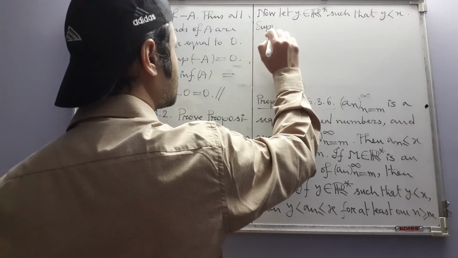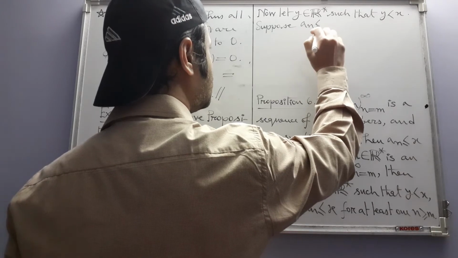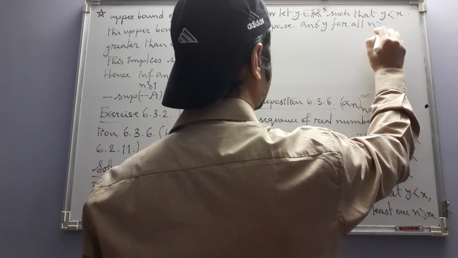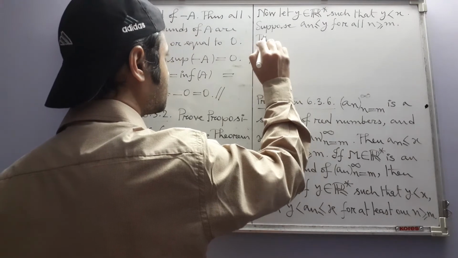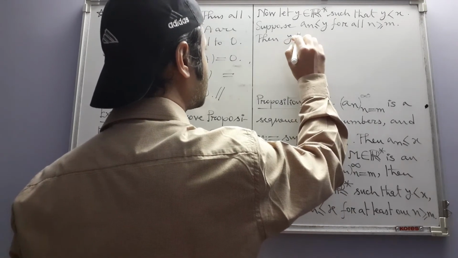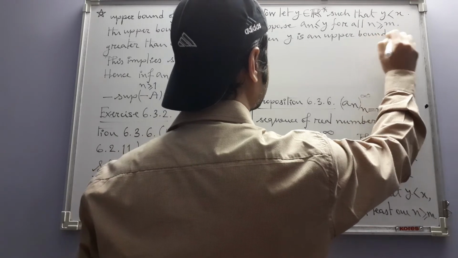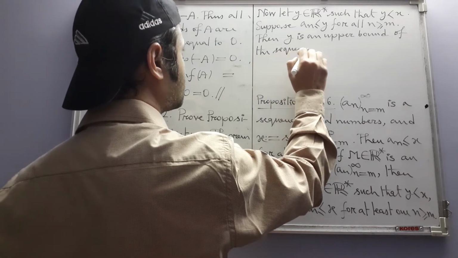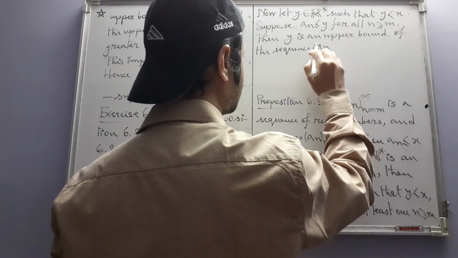Suppose an is less than or equal to y for all n greater than or equal to m, then y is an upper bound of the sequence, that means of our given sequence.